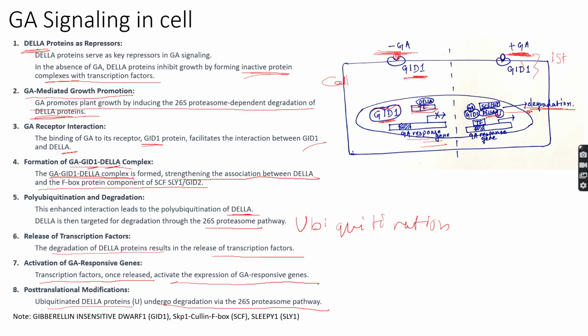So when DELLA protein is degraded, the transcription factor will now be free, and that will help in GA responsive gene expression, and that is how the GA signal will be expressed.